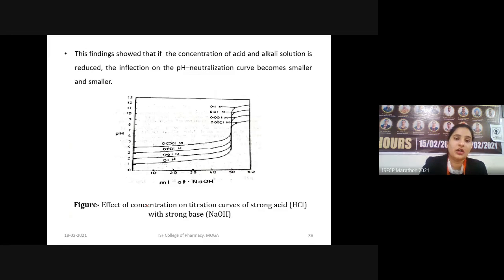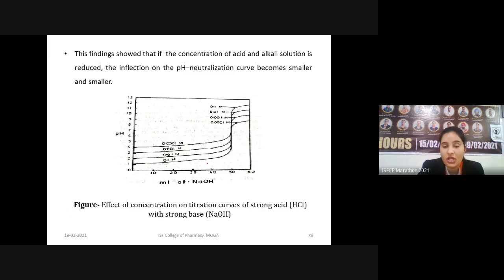Now these are some more findings. Here we are just decreasing the concentration of the solution. First of all, in the lower curve we have 0.1 molar, in the next curve we have 0.01 molar, in the next curve the concentration 0.001 molar.